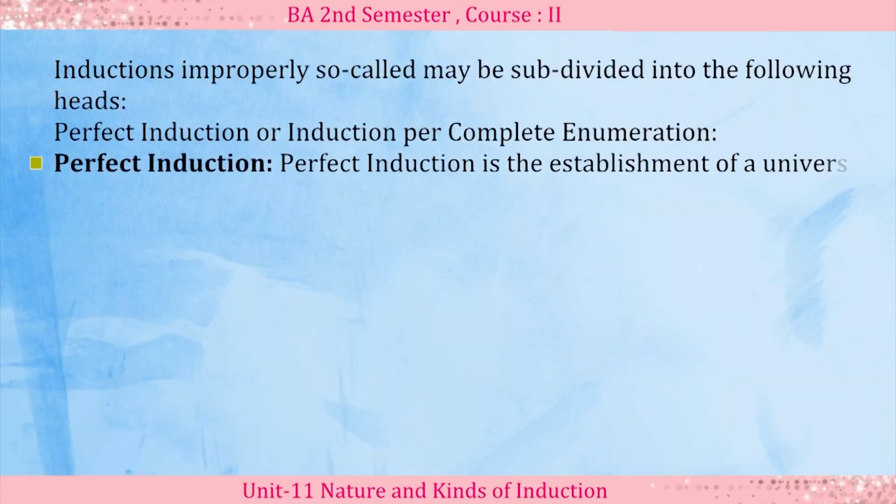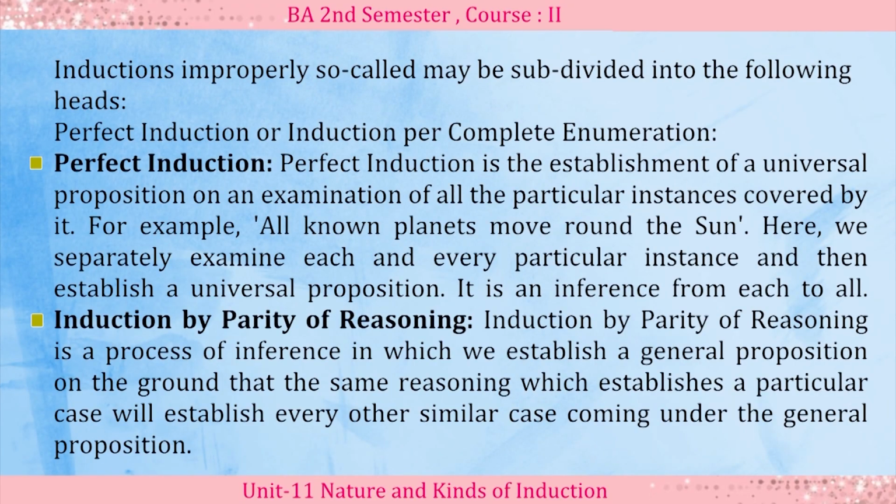Now, what is perfect induction? Perfect induction is the establishment of a universal proposition on an examination of the particular instances covered by it. As for example, all known planets move around the sun. Here what we do, we separately examine each and every instance.